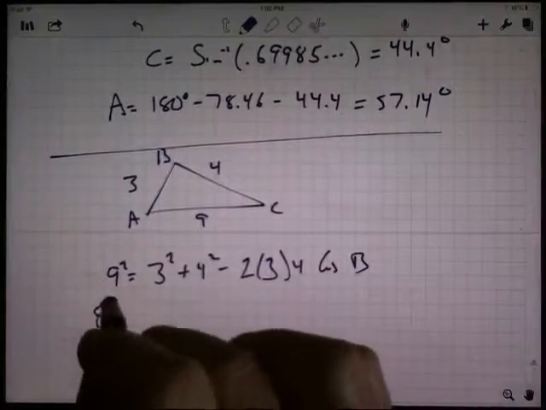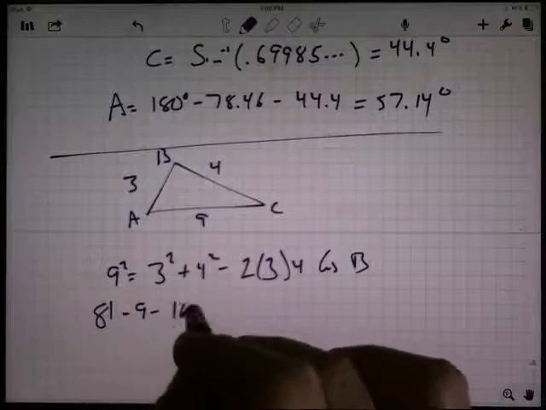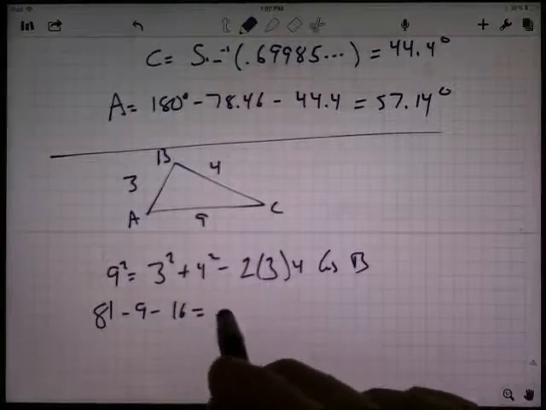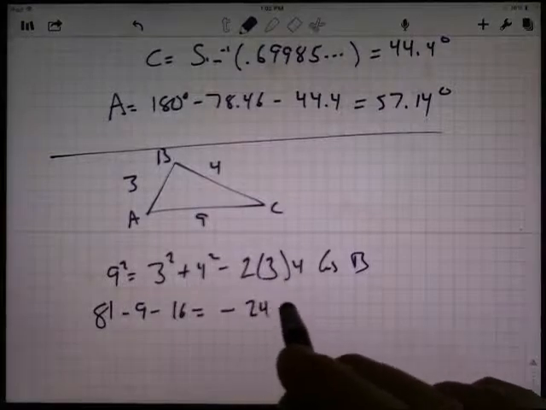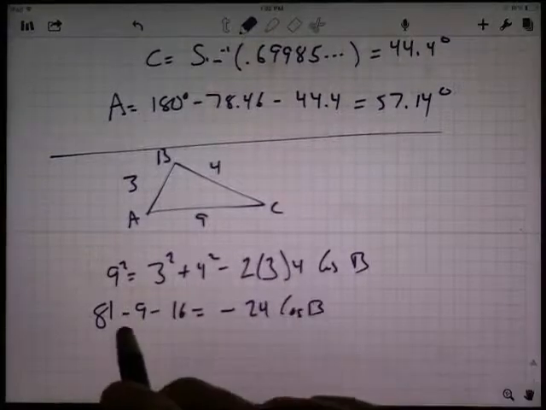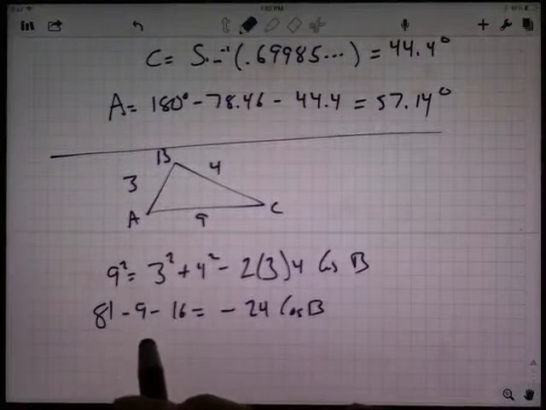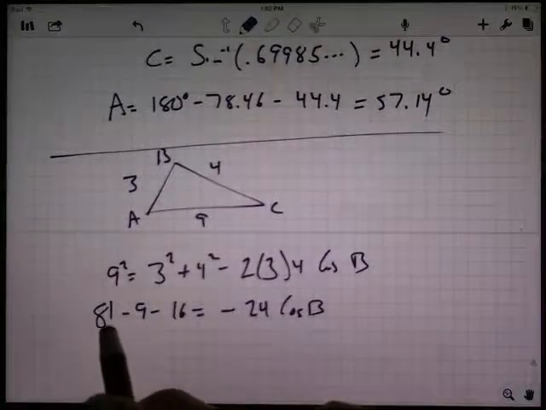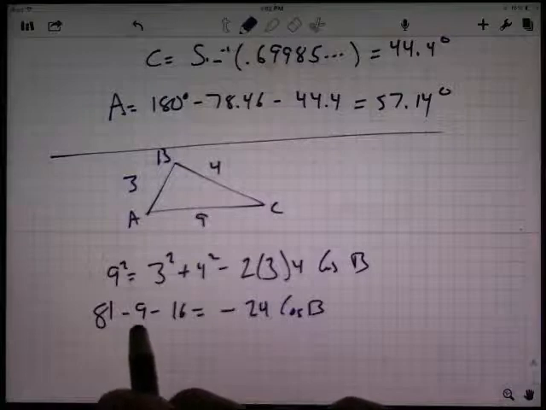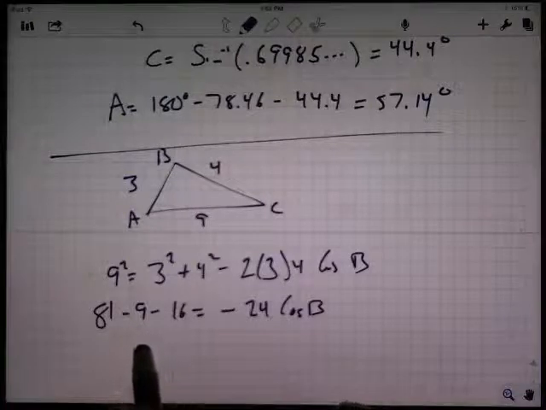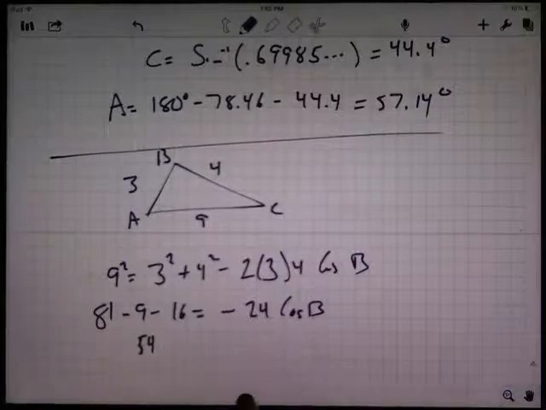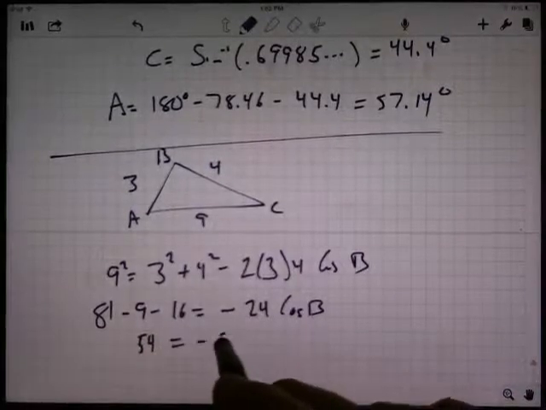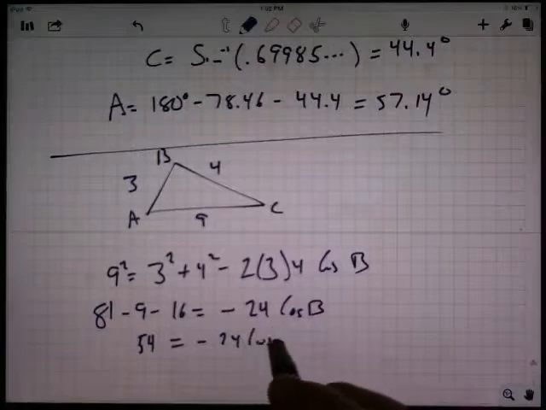So I've got 81 minus 9 minus 16 equals negative, what's this, 6 times 4 is 24, that's cosine B. So the 81 minus 9 minus 16, that's 80 minus 15, 65, 65, 60, 54. So 54 equals negative 24 cosine B.